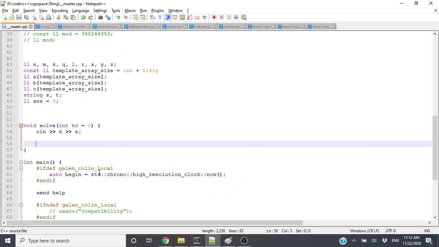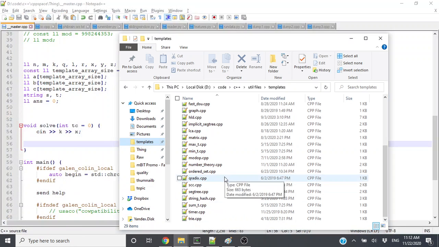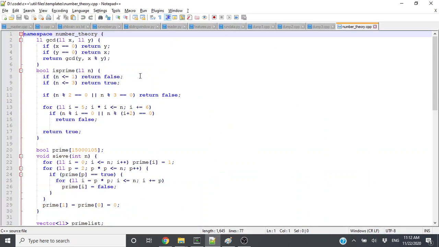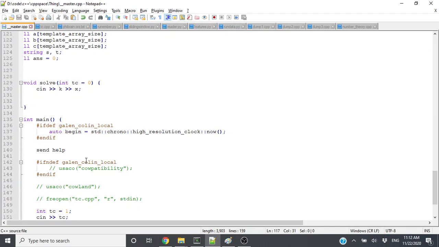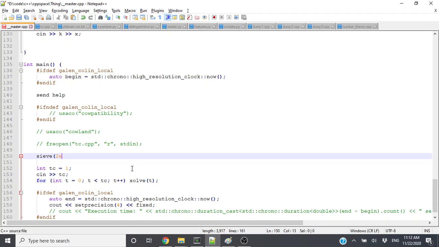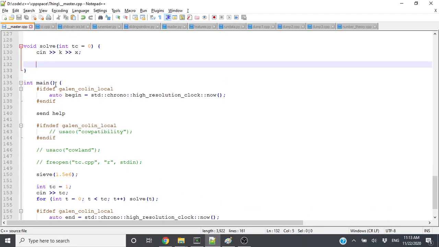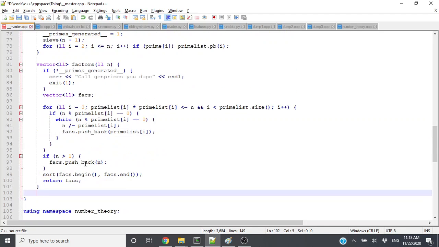So let's first prime factorize x, I suppose. And this is where my number theory template comes in, because I don't want to implement this myself. So this is, let's see. All right, now we do the factors.